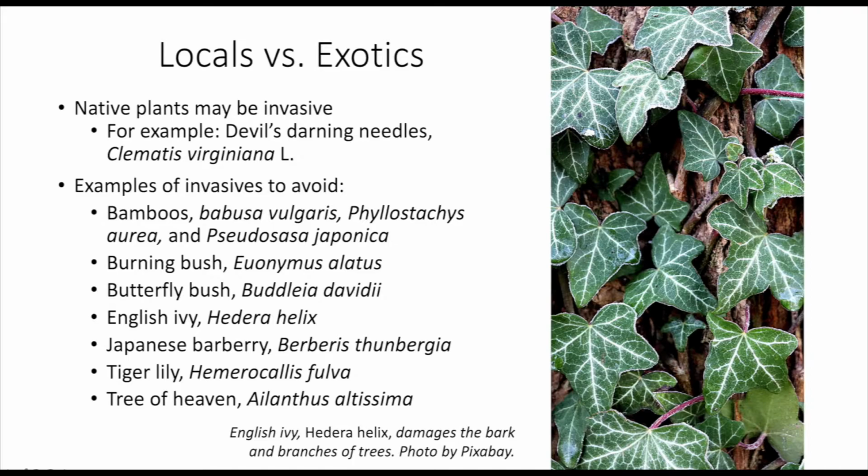Japanese barberry, on the other hand, is even a worse plant to put in your garden. It spreads into the woods, and it will create huge areas of growth of barberry plants. Deer won't eat them. They outcompete native plants. It attracts deer ticks, which carry Lyme disease.